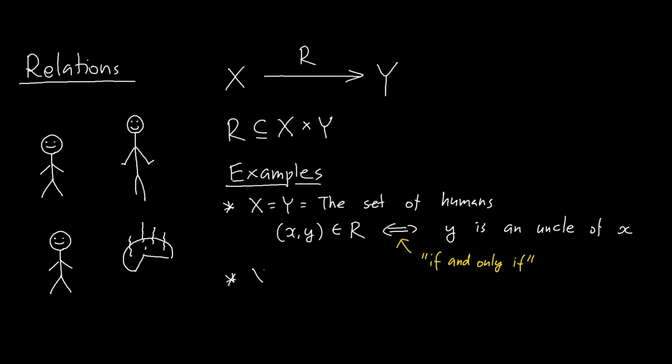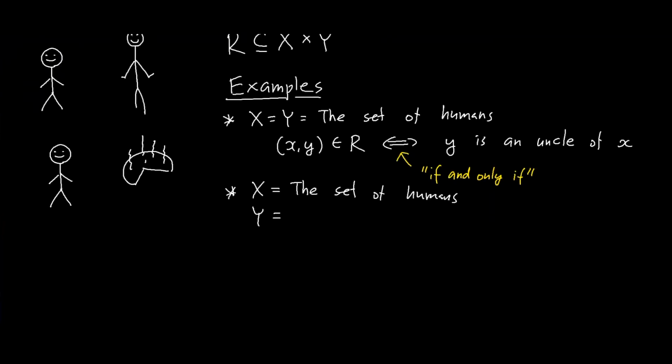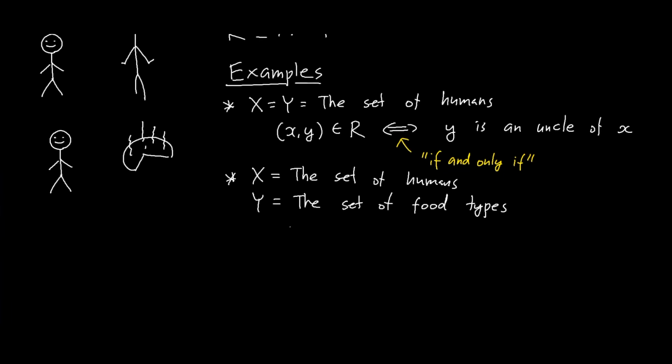And in the second example, we have X as the set of human beings, and Y is the set of food types, and the relation is defined as follows.